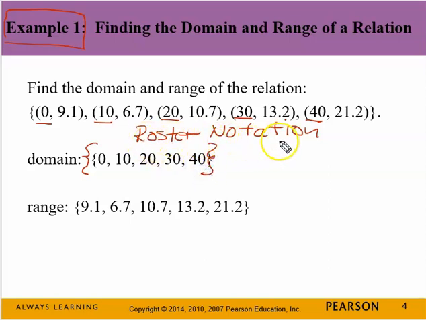So this is roster notation of our domain of these relations. Now the range, and I'll change color here, would be the Y values that they're just listing. Now notice that here none of our X values are repeated. So this would also be a function.